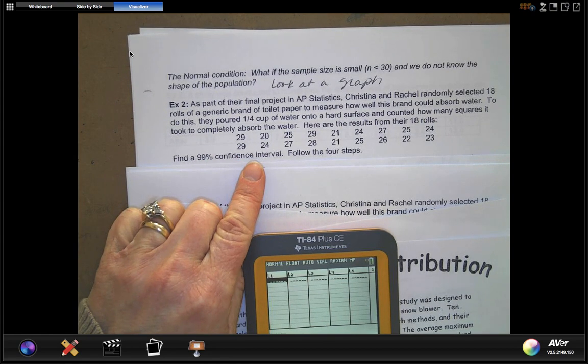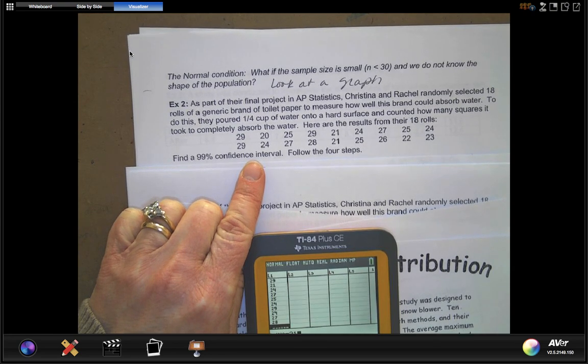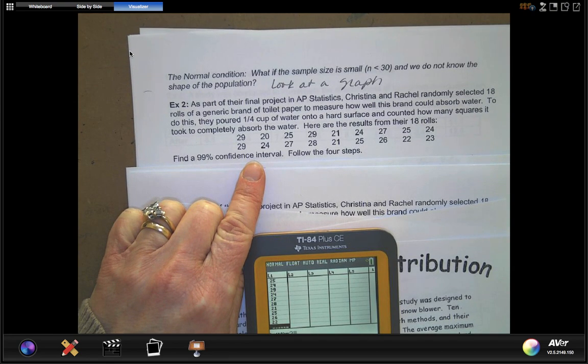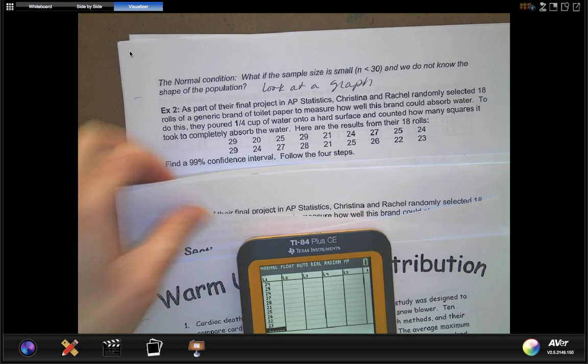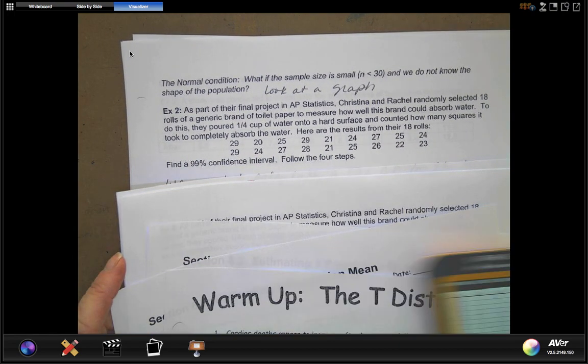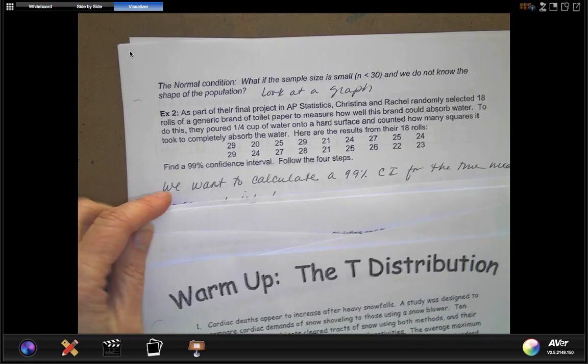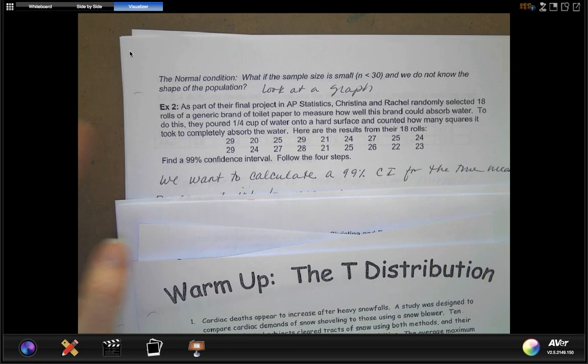So here's the results from their 18 rolls. And I didn't type these in ahead of time, so I'm typing them in very quickly right now. Okay. All right, so just like before, I want to calculate a 99% confidence interval for the true mean.